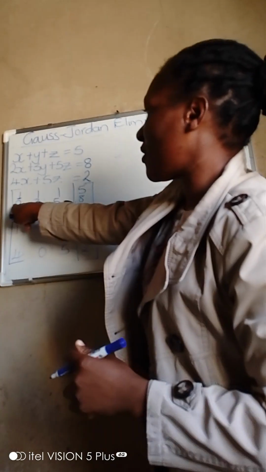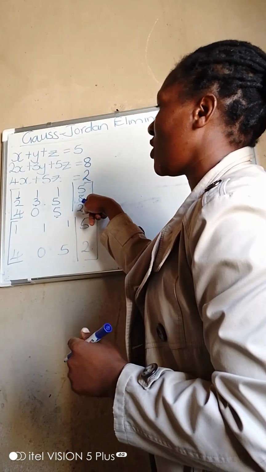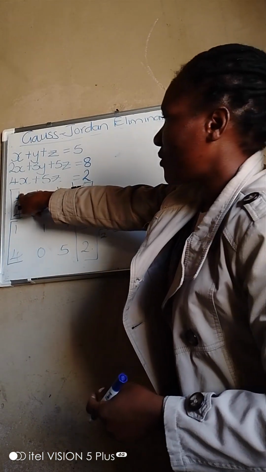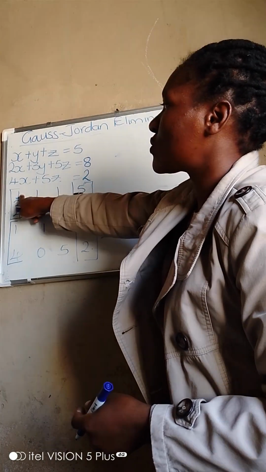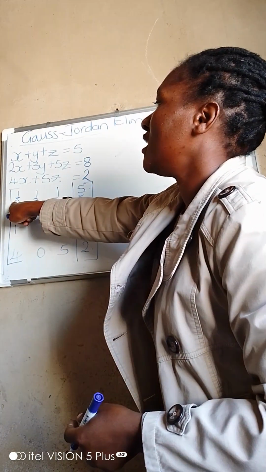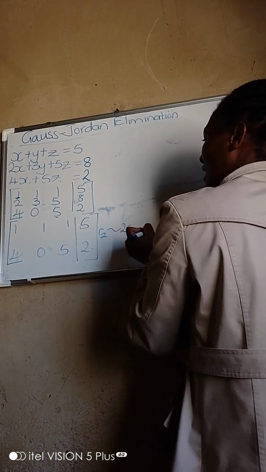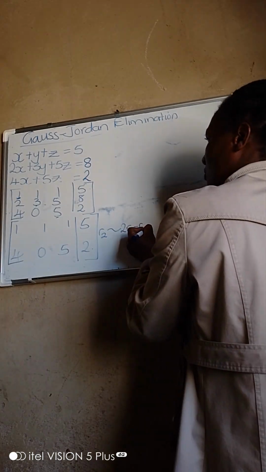We are going to perform our row operations on row 2. So row 2 follows, we are going to multiply this pivot by 2 and subtract row 2 from row 1. So it's 2 row 1 minus row 2.